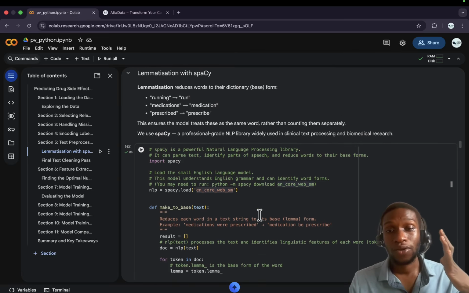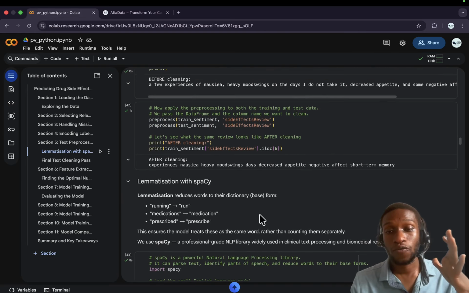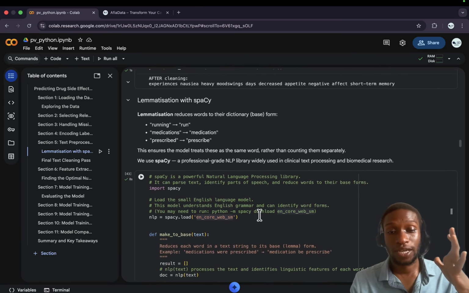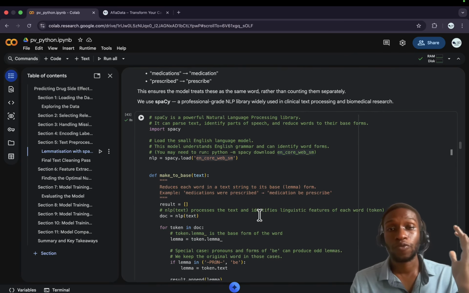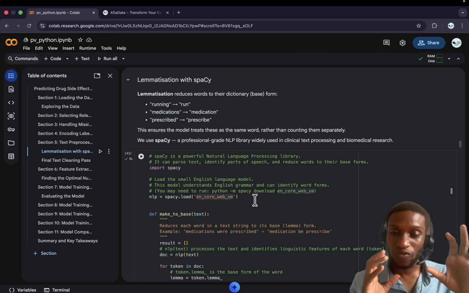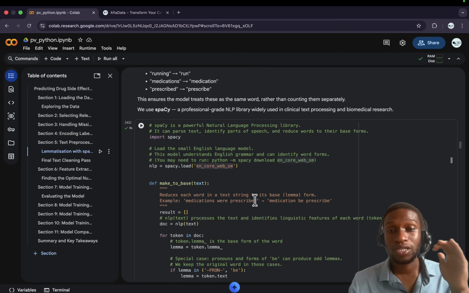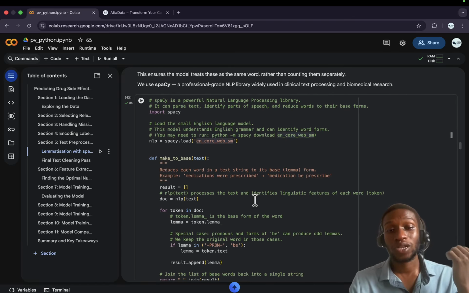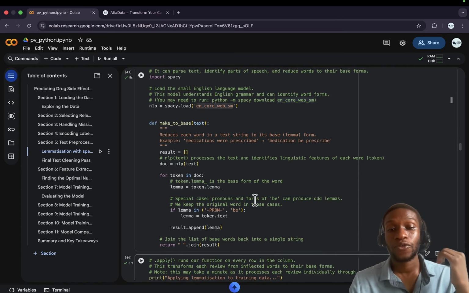So first, remember we have a whole column of training data, and we have also a whole column of test data that have side effects reviews. So what we need to do, we need to convert those side effects into their base format, so that we can predict whatever is happening using the base words. All right. So that's a little bit of a mouthful, but it's an important step for you to understand, or for you to know exists, so that you can be able to prepare your data for modeling.